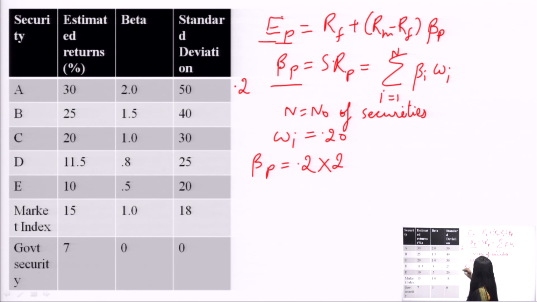For A it is 2, for B it is 1.5, for C it is 1, D it is 0.8, for E it is 0.5. So, if I do so, I will get these values.